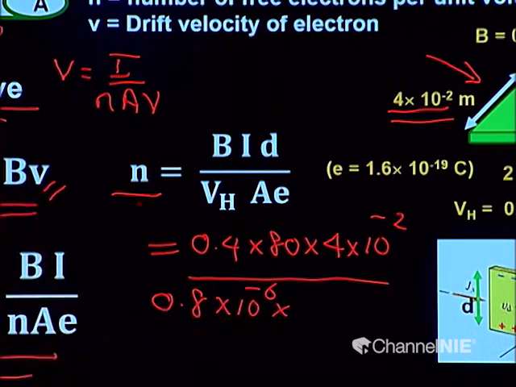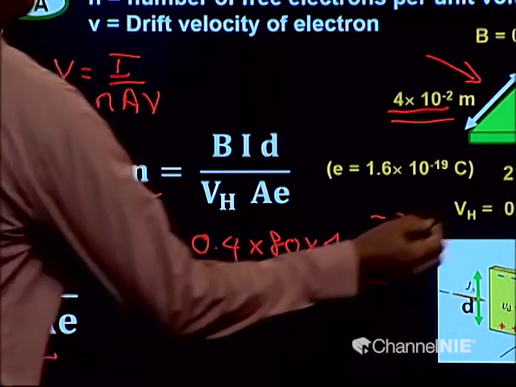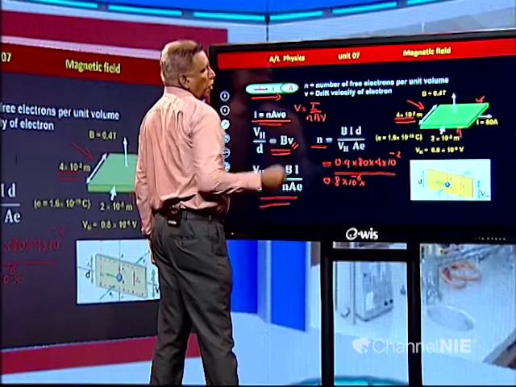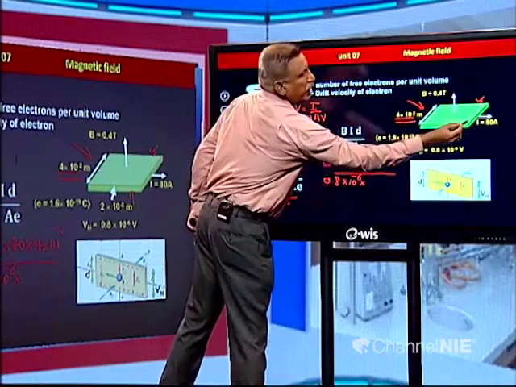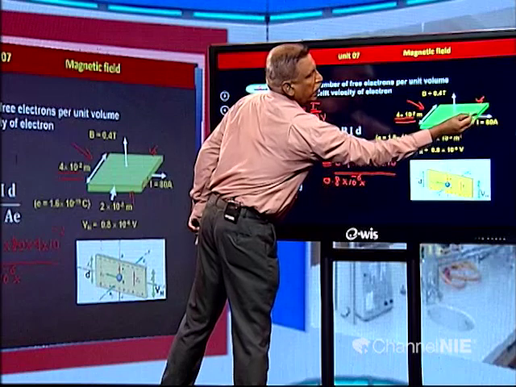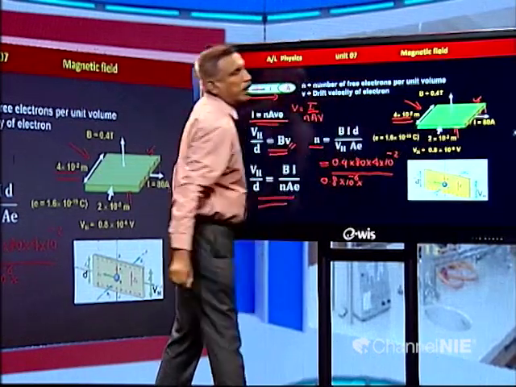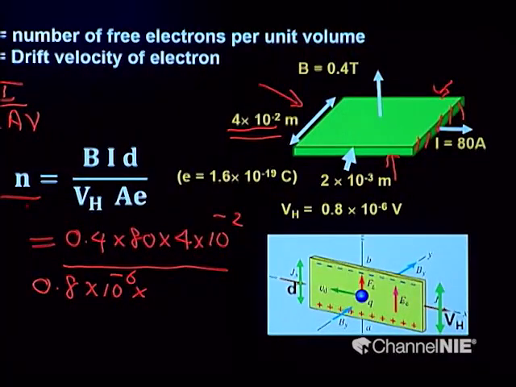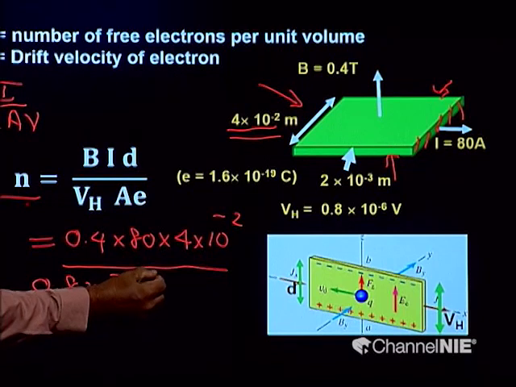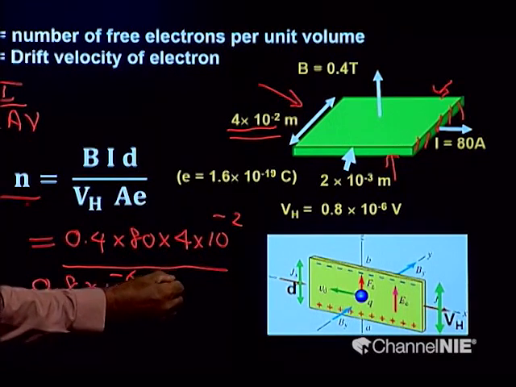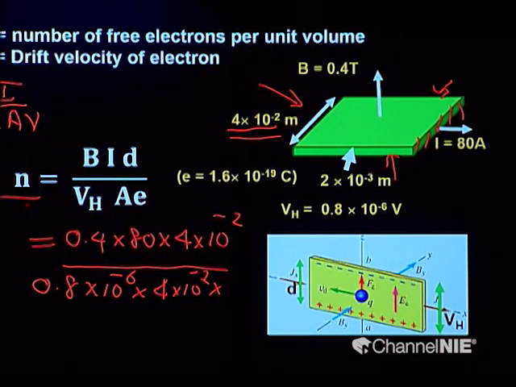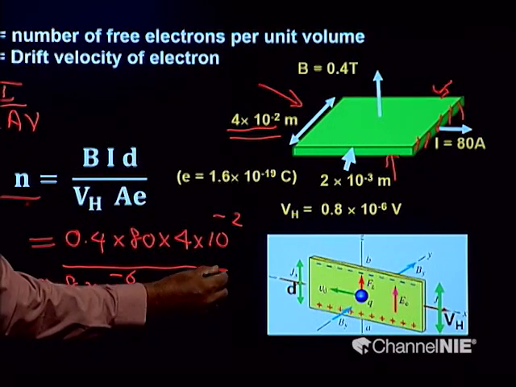A is the area of this conductor, so it is 4 into 10 to the power minus 2 into 2 into 10 to the power minus 3.